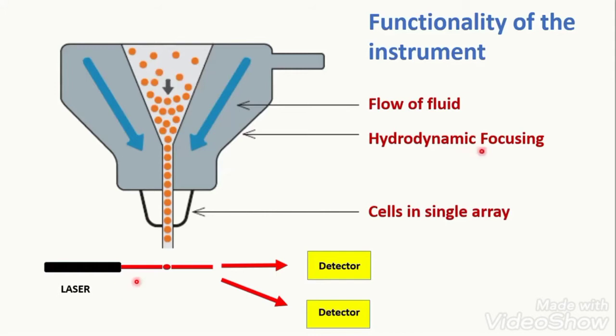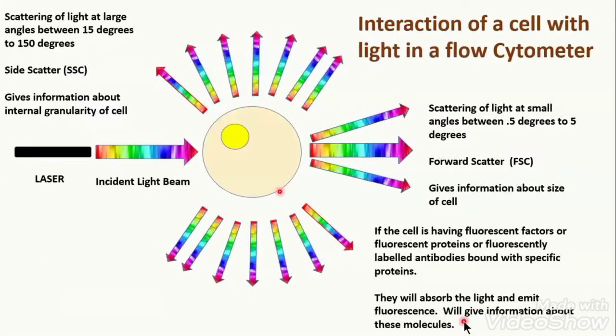So now I'm going to explain what kind of interaction can be there between this laser beam, this beam of photons, and our single cell. So imagine this is our single cell, and this laser is putting a light beam on this single cell.